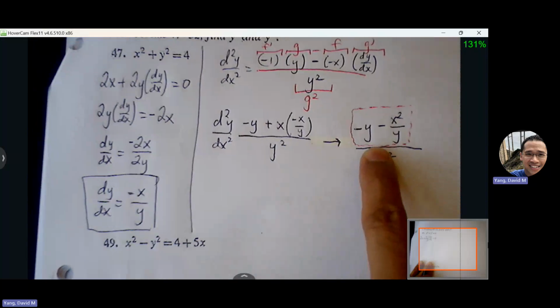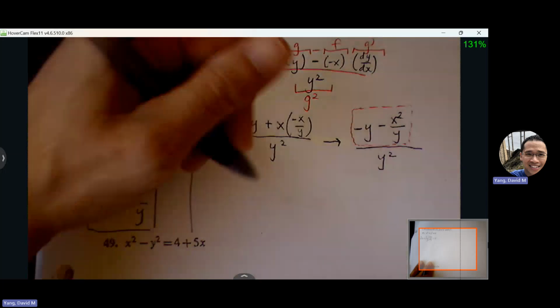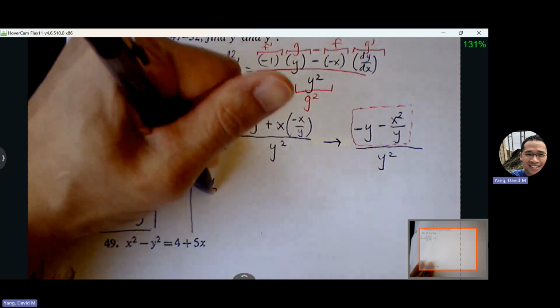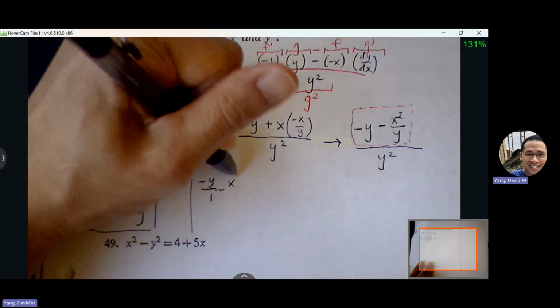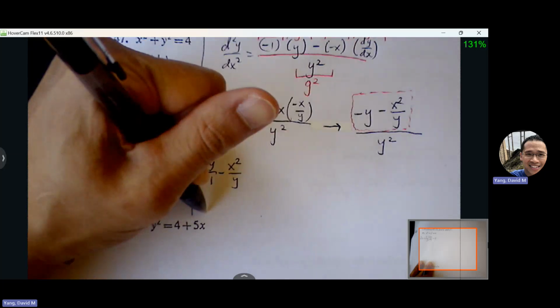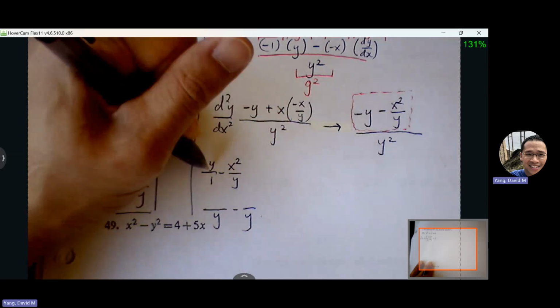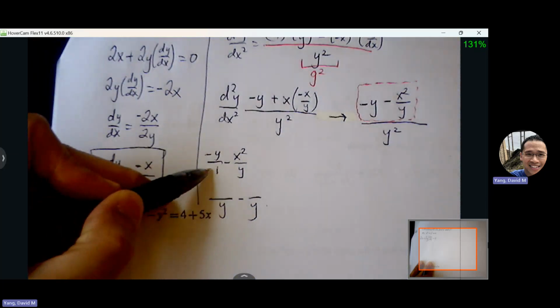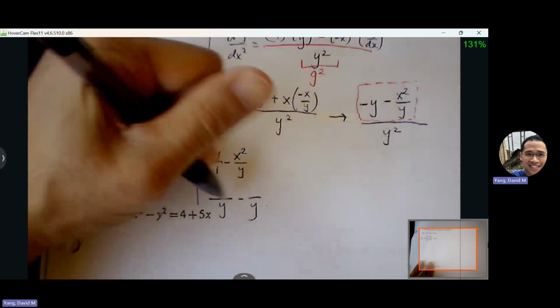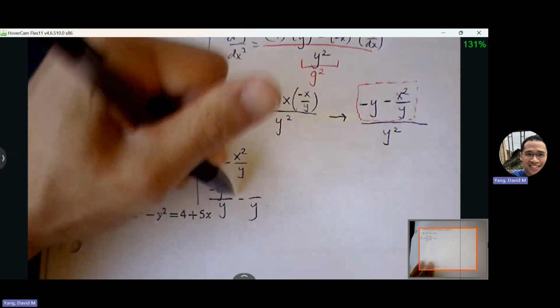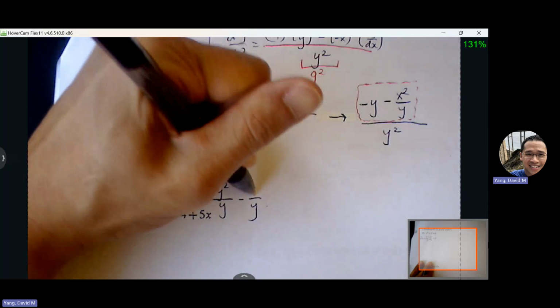So I'm going to work on doing a common denominator to merge these together. So -y over 1 minus x squared over y. My common denominator is y. So this denominator needs another y to balance it out. So -y squared, and then this one stays the same.